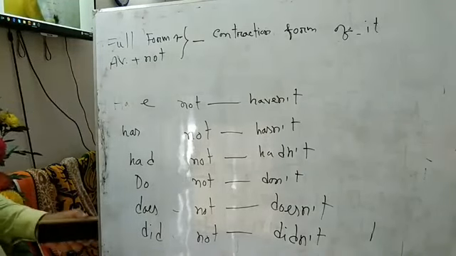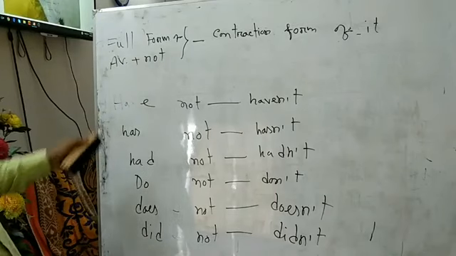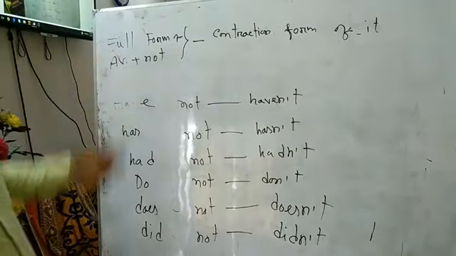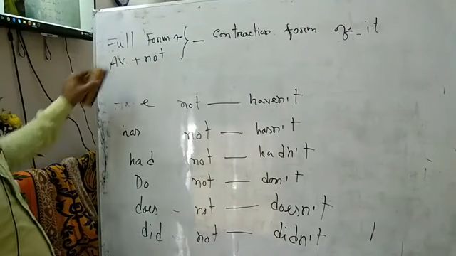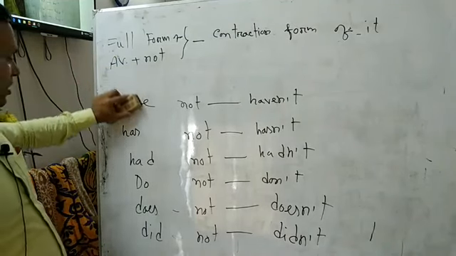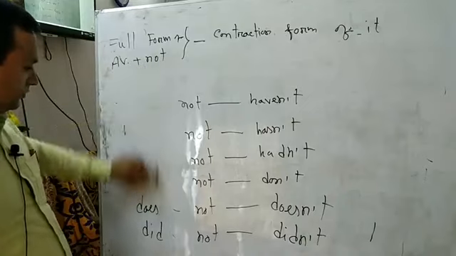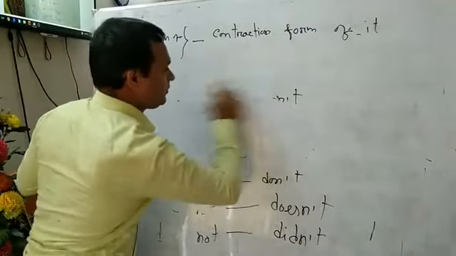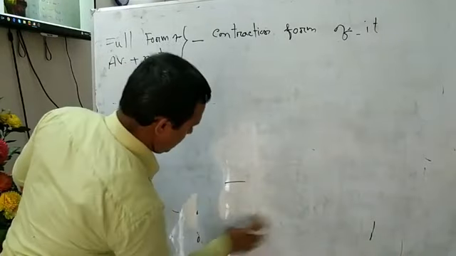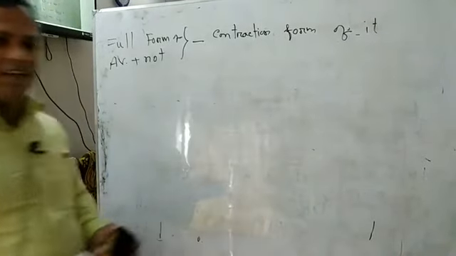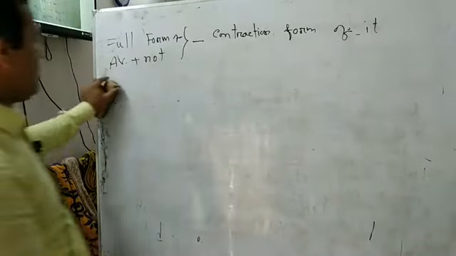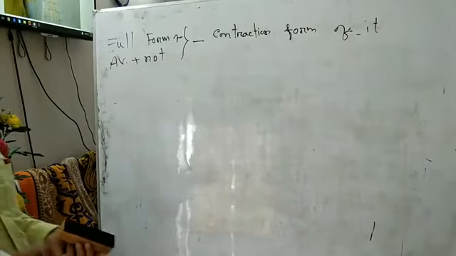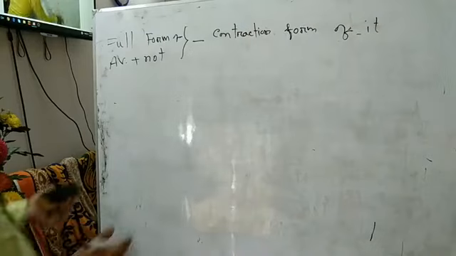Then you are clear with me. Then I have to write another auxiliary verb plus not and its contraction form. In brief, you will write only the contraction form of auxiliary verb plus not.